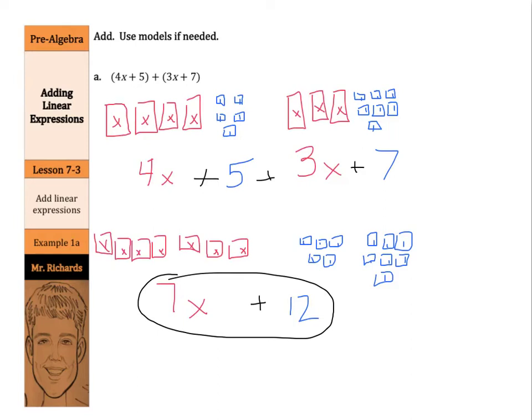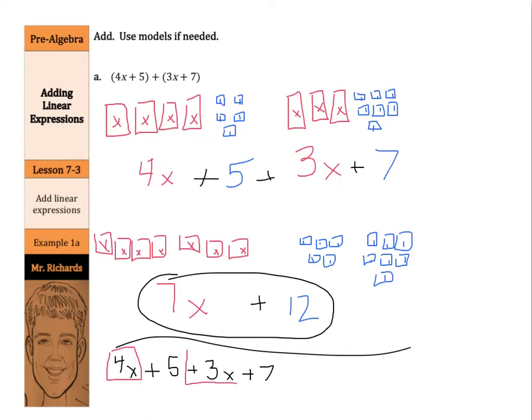Now, how else can we do that? If we have just the expression 4x plus 5 plus 3x plus 7, let's group our like terms algebraically. I would draw a box around my 4x and a box around my plus 3x. Notice I included the plus sign to the left of the 3x.